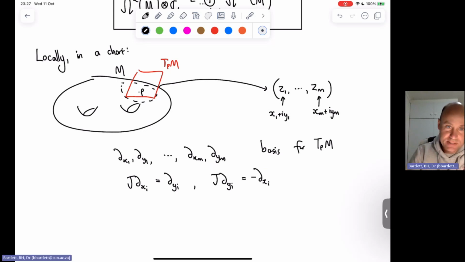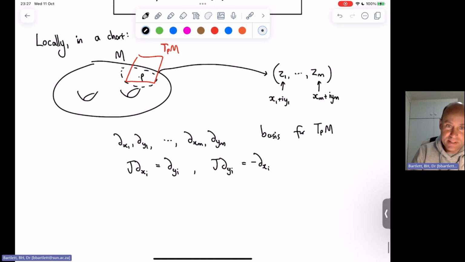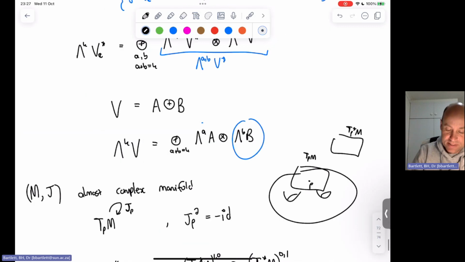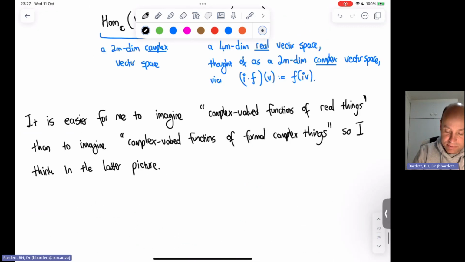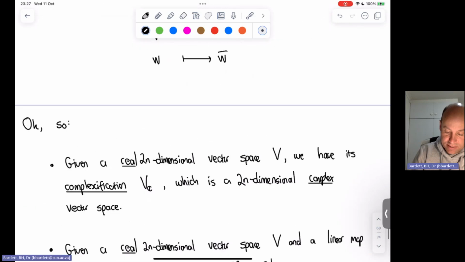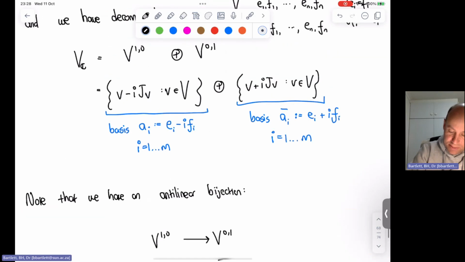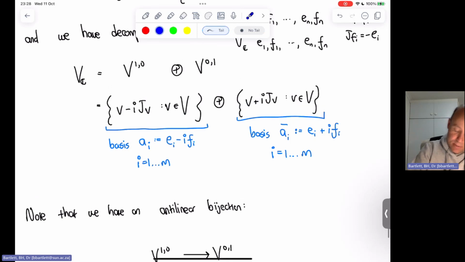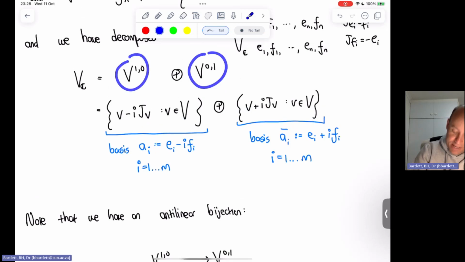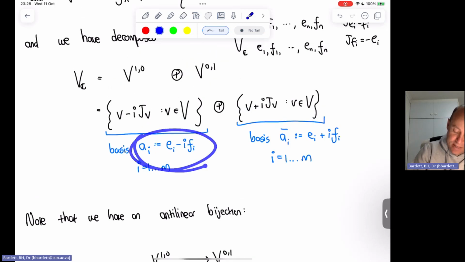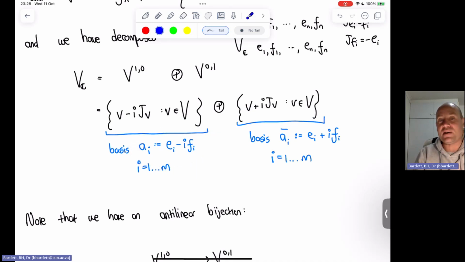Where are we going next? So now I want to make these basis vectors, which before, remember, I said you can form for the 1, 0 eigenspace and the 0, 1 eigenspace. I'm going to make a slight difference: I'm just going to multiply them by a half, and you'll see why in a second.